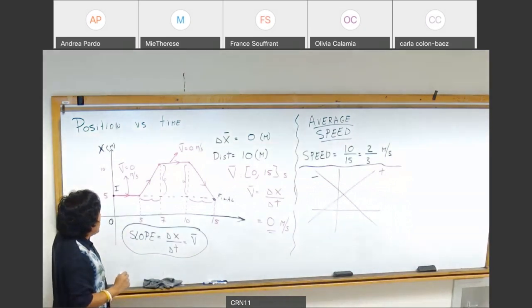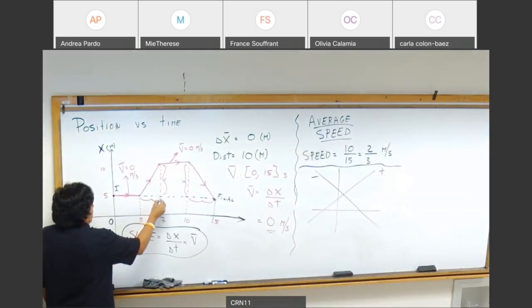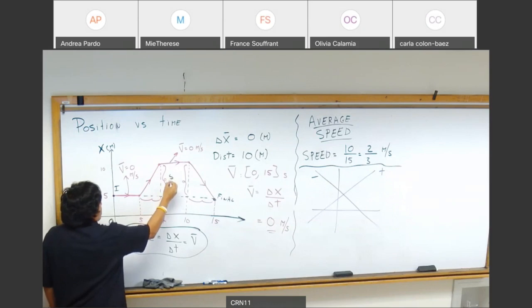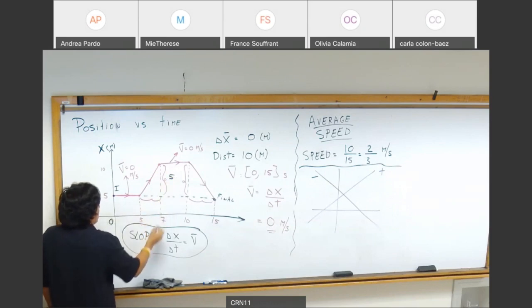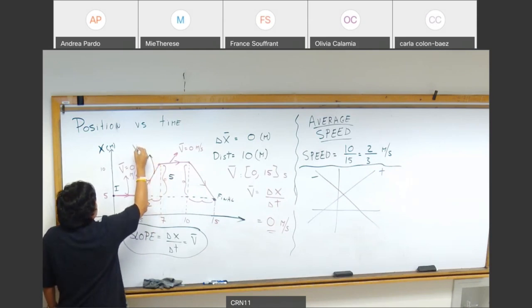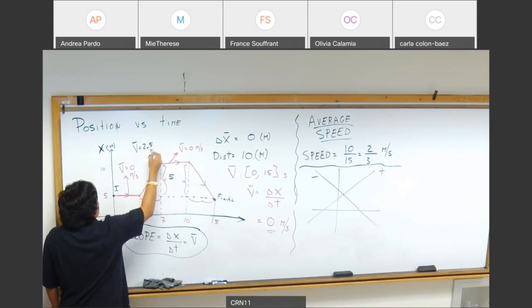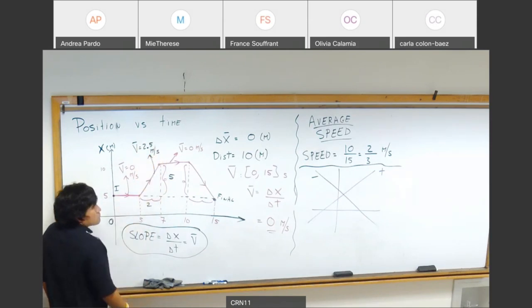To solve this anyway, the rise is what? From 5 to 10, 5. From 5 to 7, 2. So what's the rise over run? The velocity here is 2.5 meters per second.